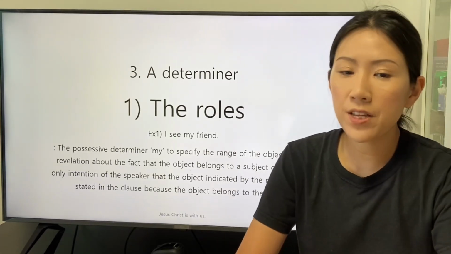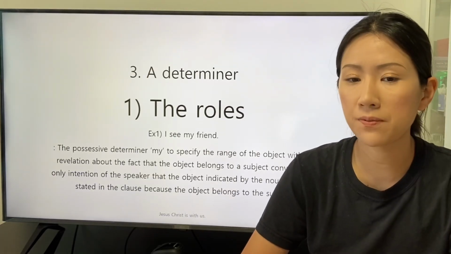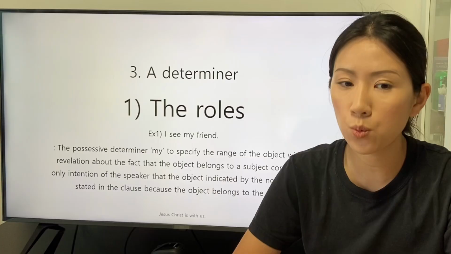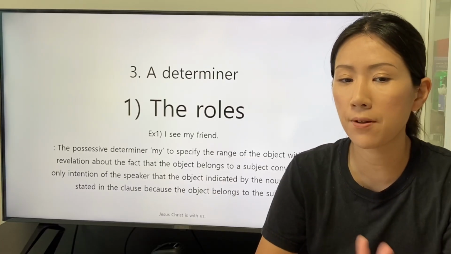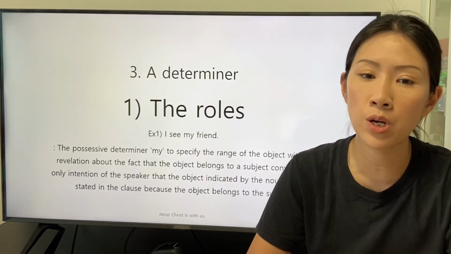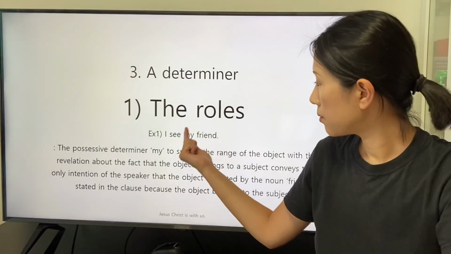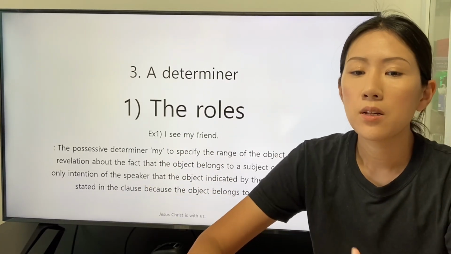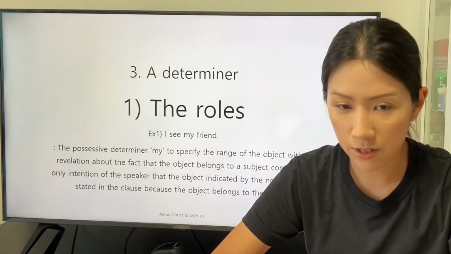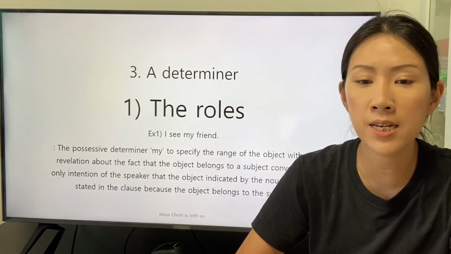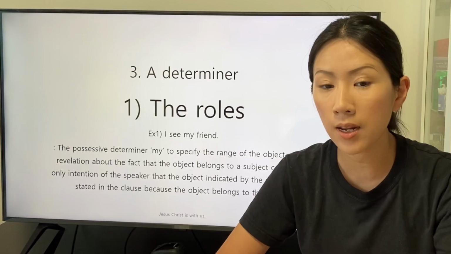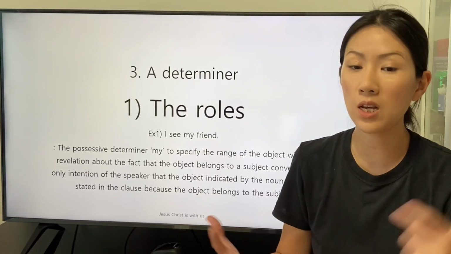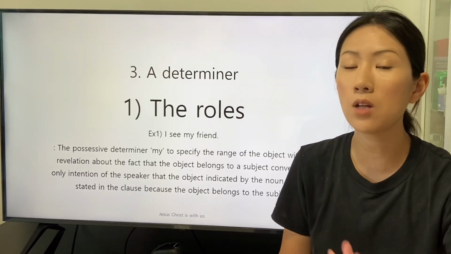The possessive determiner might specify the range of the object with a revelation about the fact that the object belongs to a subject who is the speaker himself. It conveys the only intention of the speaker that the object indicated by the noun friend is stated in the clause because the object belongs to the subject.